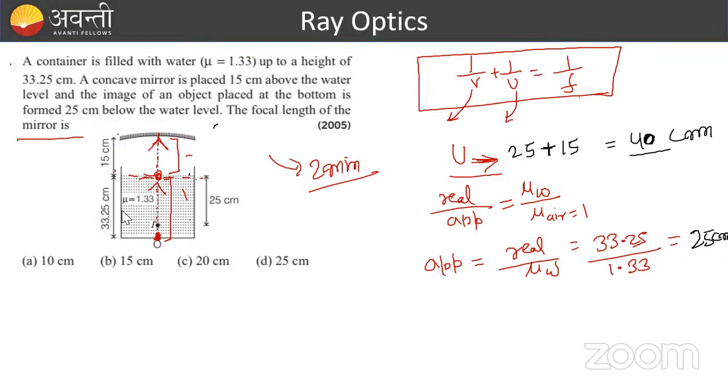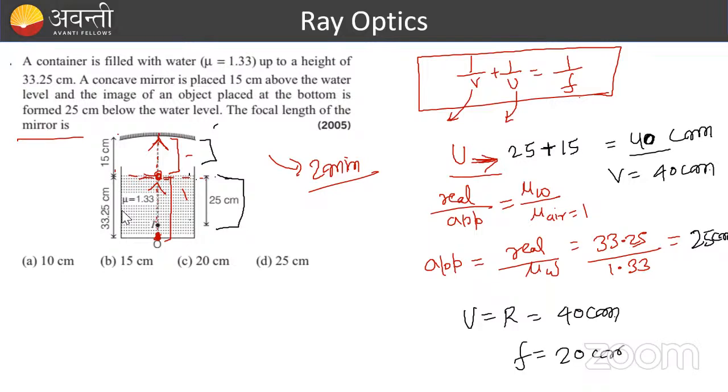So object distance is 40 centimeter. Image distance will be how much? From here it is 15 and from here it is 25. So image distance is also 40 centimeter. This is only possible if the object is kept at the center of curvature, that is U is equal to R, that is 40 centimeter. So focal length will be 20 centimeter.